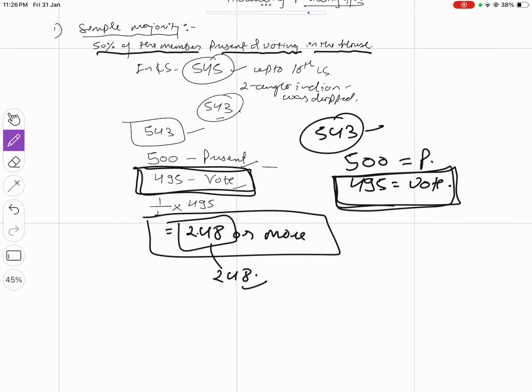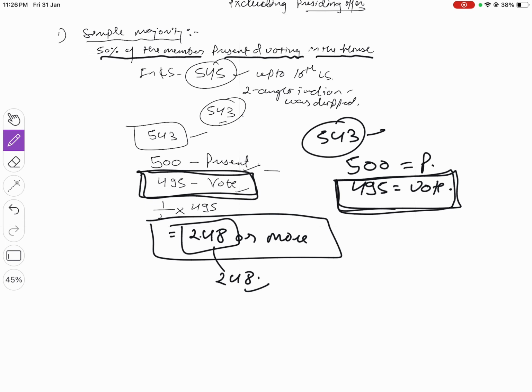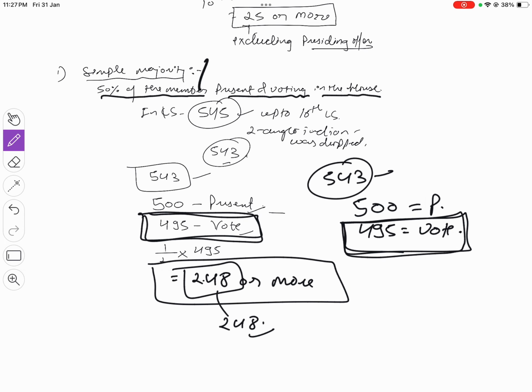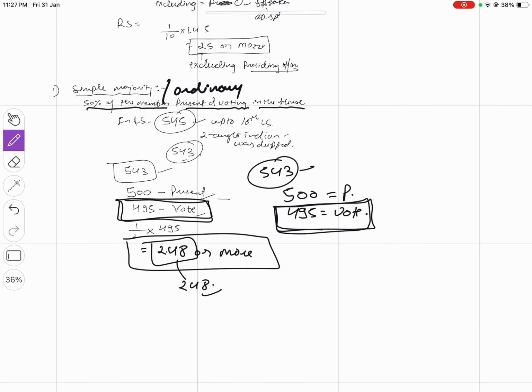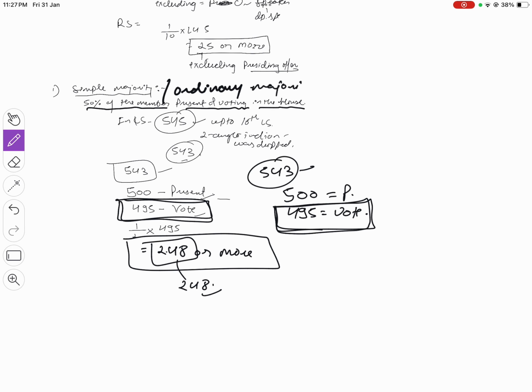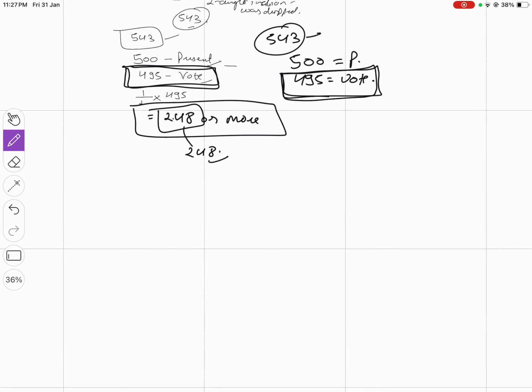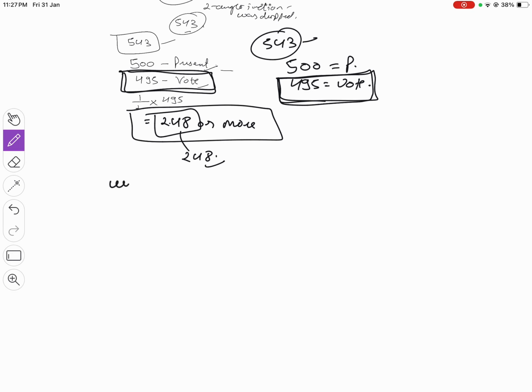This is simple majority. There are also some different names for simple majority. We call it ordinary majority and also default majority. Where is this majority used?